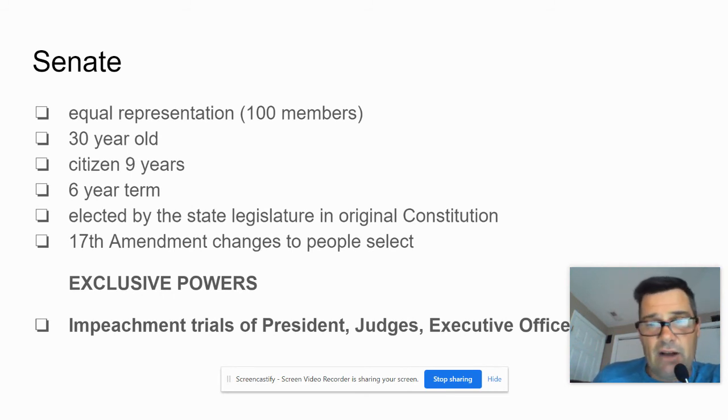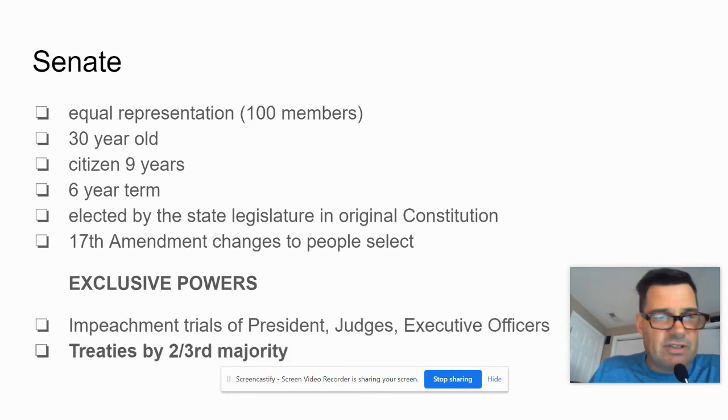That trial has to have a 67% majority, a 2/3 majority, in order to convict a president, a judge, or an executive officer. If they do, they get removed from office. There's no other punishment. If they committed some sort of crime, they could be tried by a local jury somewhere, but not in this case. The Senate can only remove them from office.